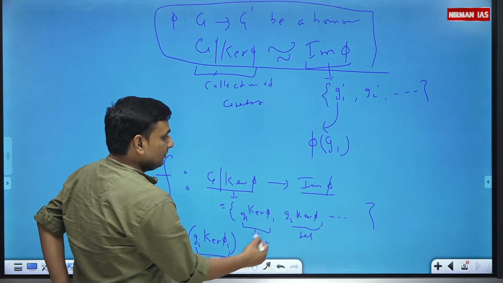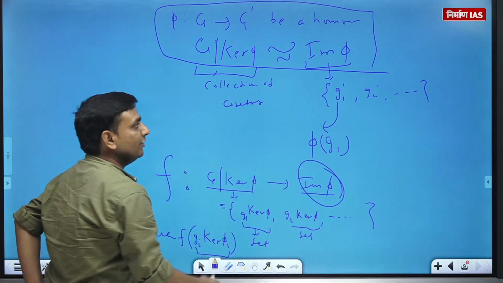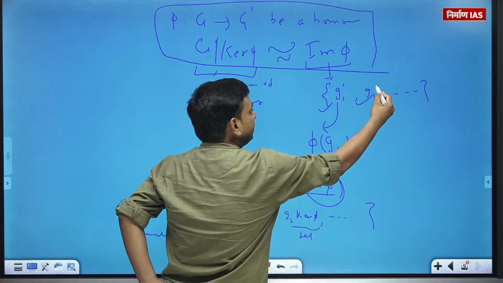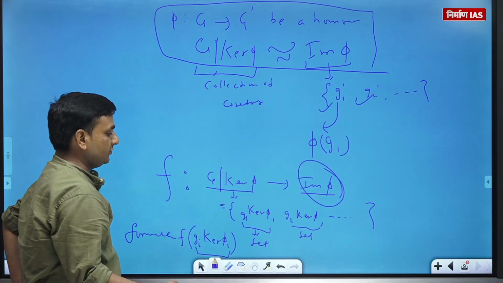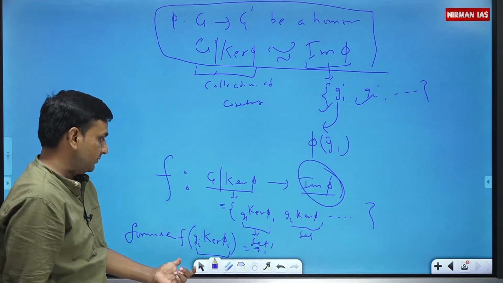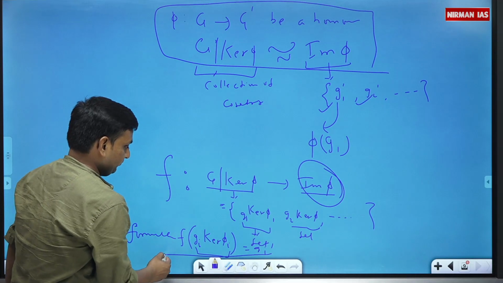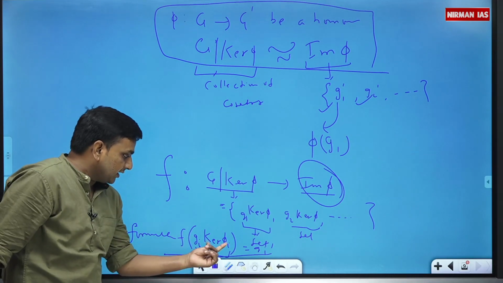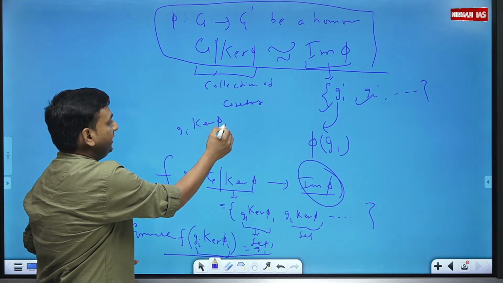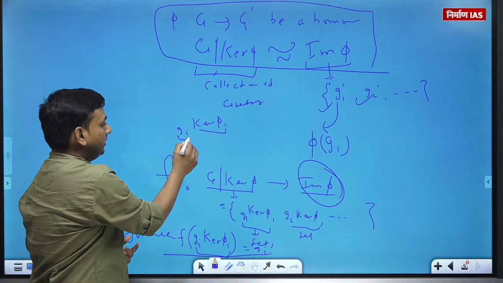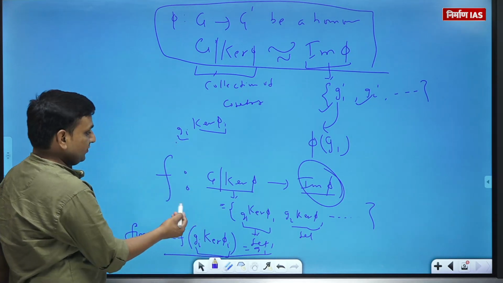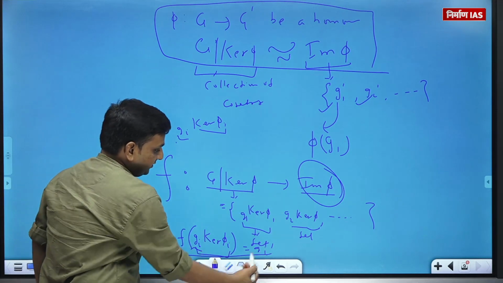So this image will be some element of image phi or not? The elements of image phi look like this: g1 dash, g2 dash and so on. So please notice this formula: f of gi ker phi equals gi dash, where gi in the suffix means the left coset ker phi by gi. So this is how I am defining the function f.